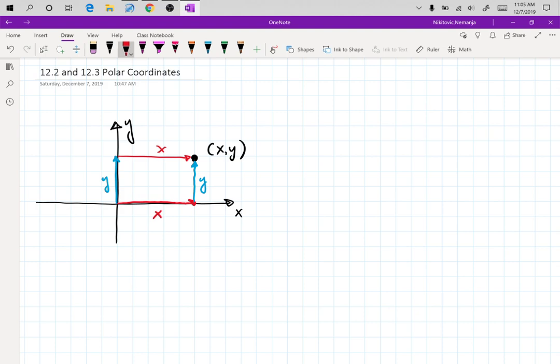So when we are talking about these guys, these were your 2D rectangular coordinates.